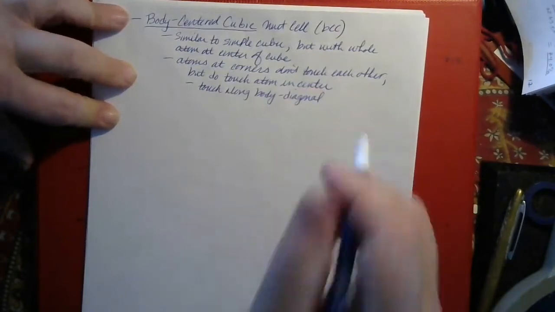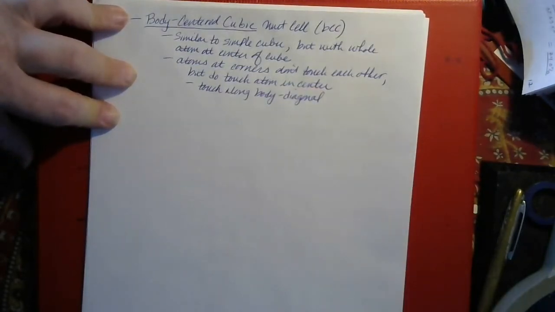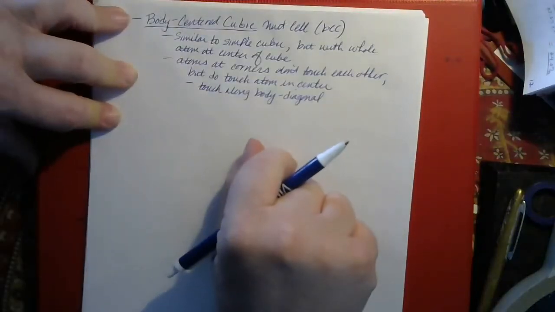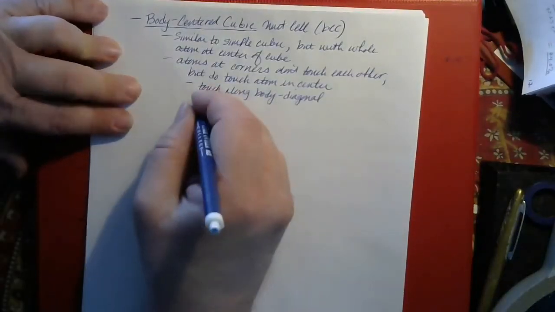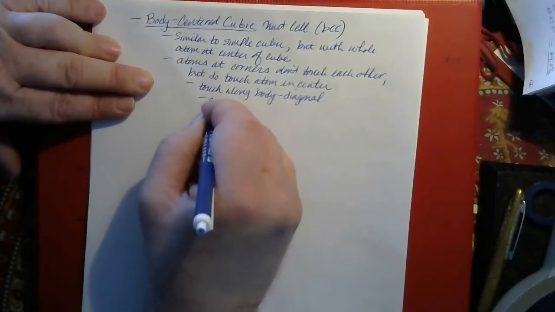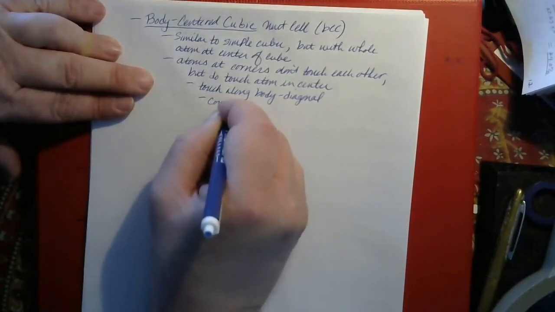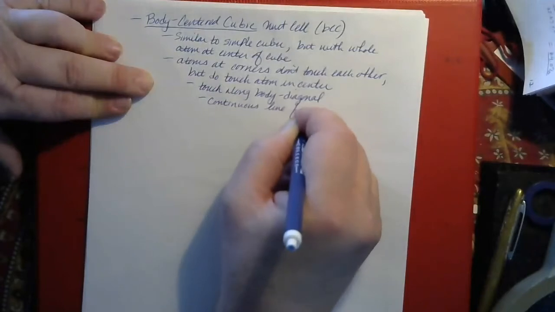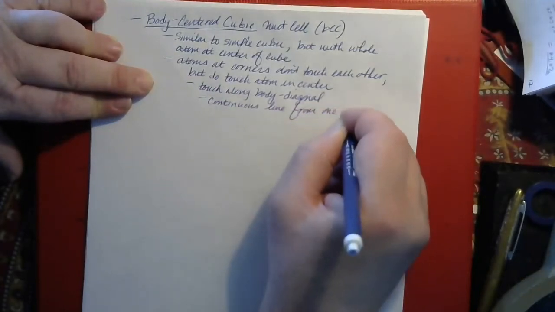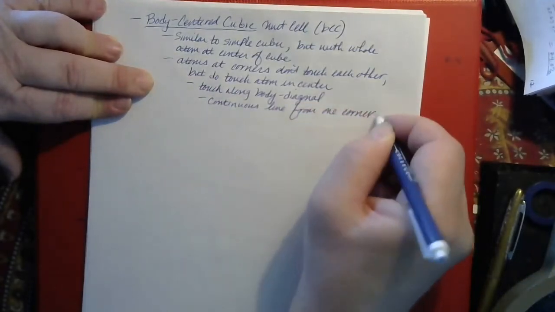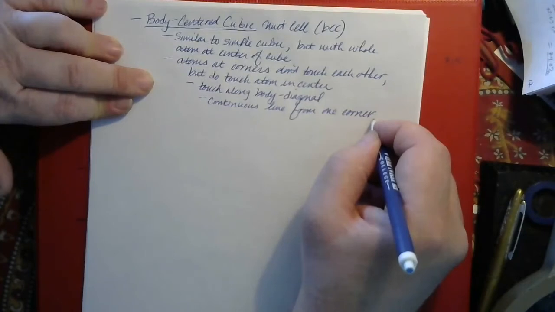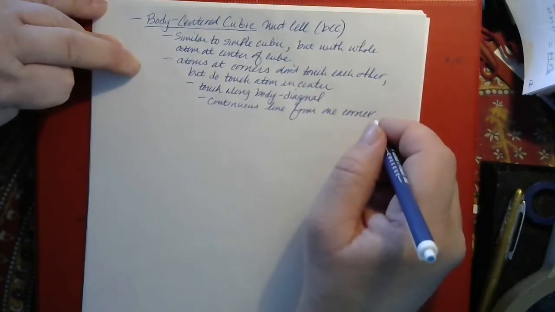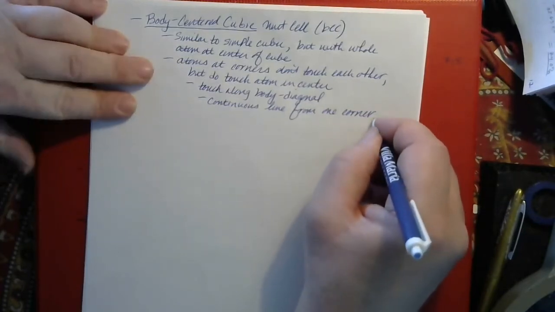The body diagonal is the diagonal that goes directly from one corner of the cube right through the center of the cube across to the opposite corner. That's known as the body diagonal. And so that means you have a continuous line from one corner through the body center, through the center of the cube to the opposite corner.